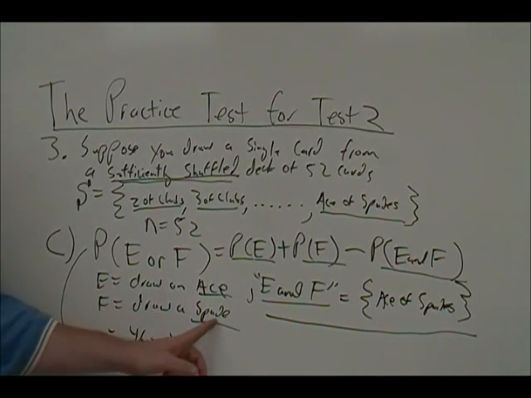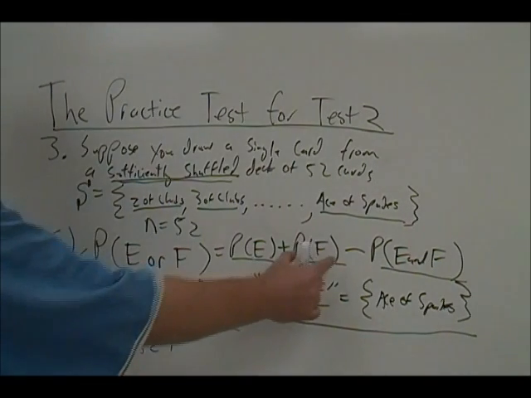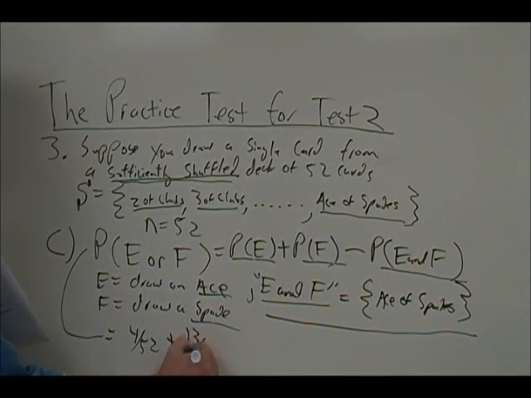Well, how many simple event components lead to a spade? If you look at a deck of cards, 13 of the cards are spades, 13 are hearts, 13 are diamonds, and 13 are clubs. So there's 13 simple event components that lead to a spade. Namely the ace of spades, 2 of spades, 3 of spades, 4 of spades, all the way up to king of spades. So the probability of getting a spade is 13 over 52 by the classical approach.